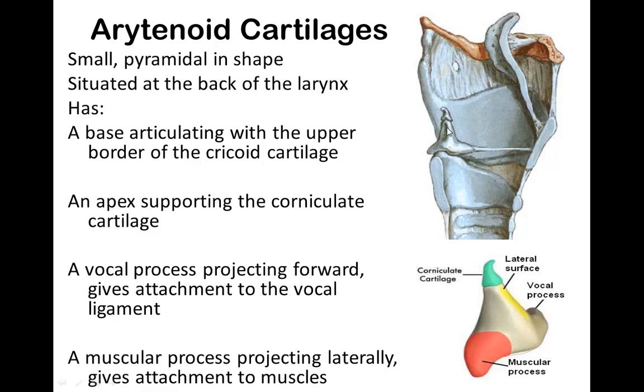As we can see, it has three processes. This is the apex. The apex here articulates with the other small cartilage, which is the corniculate cartilage. And this is the vocal process, the attachment of the vocal cord. And here this is the muscular process, where muscle attaches.